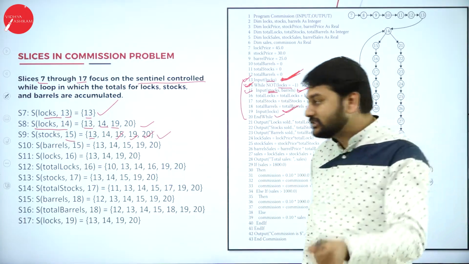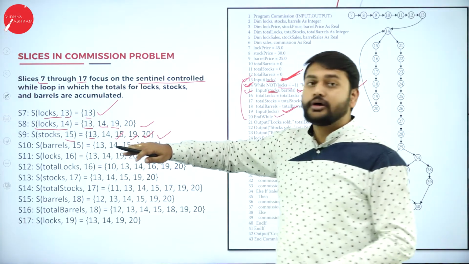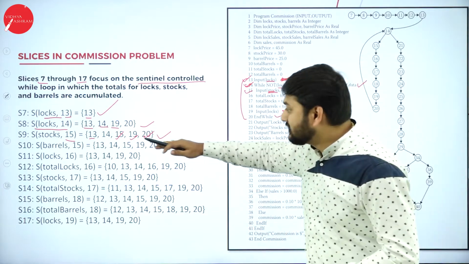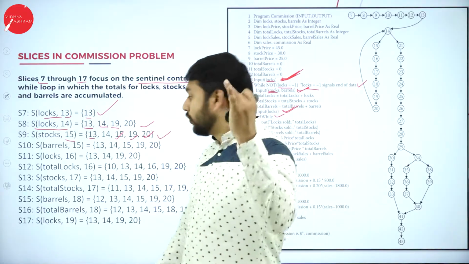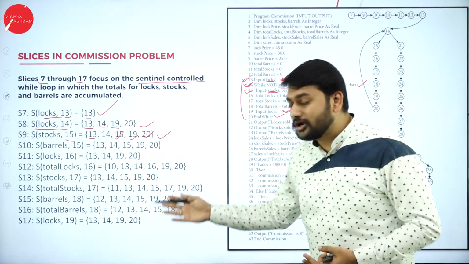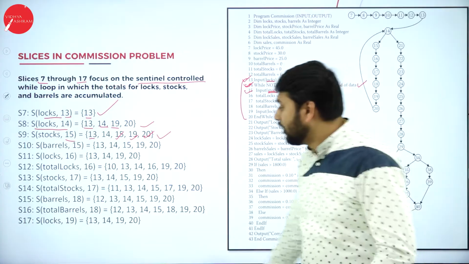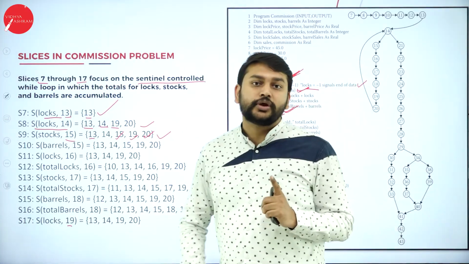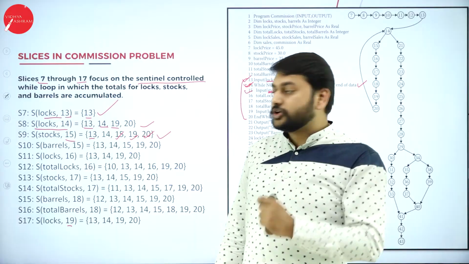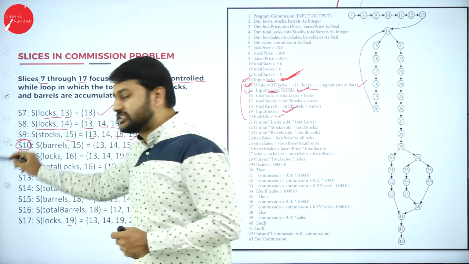So guys, this is how we have written the slices for everything that you need to observe with respect to barrels, stocks, total barrels, and logs in line number 19. The first thing you need to observe is the number of the slice.